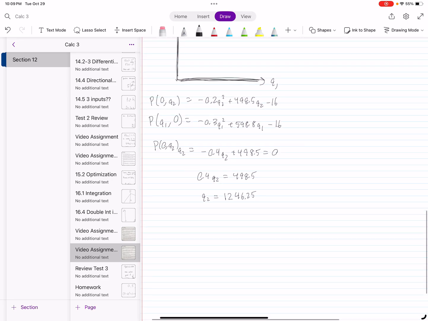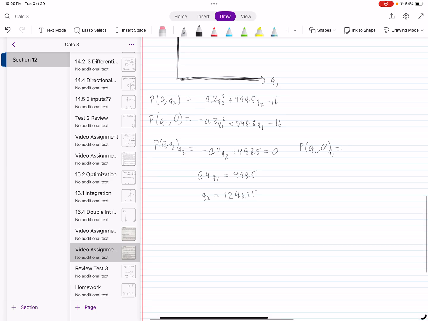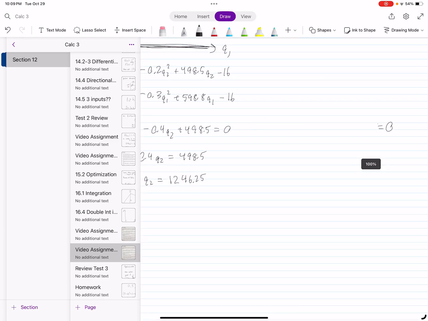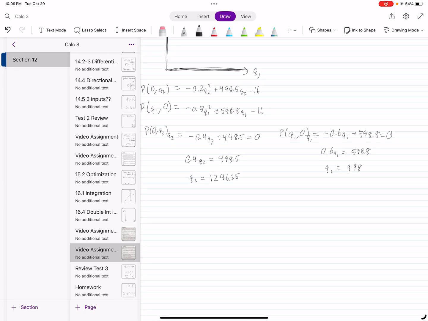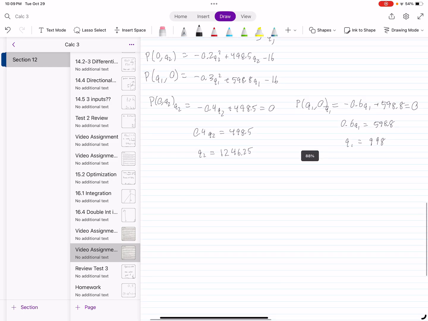Same thing for the opposite function, p of q1, 0. The derivative with respect to q1 is negative 0.6 q1 plus 598.8 equals 0 because we want to find the critical points. 0.6 q1 is equal to 598.8, and q1 we get left with 998. And again, the same thing from the other function.